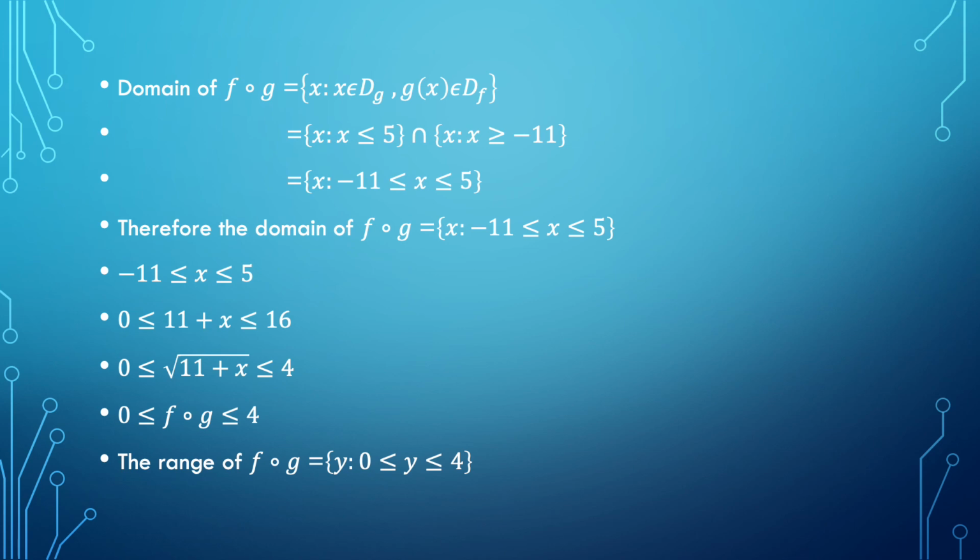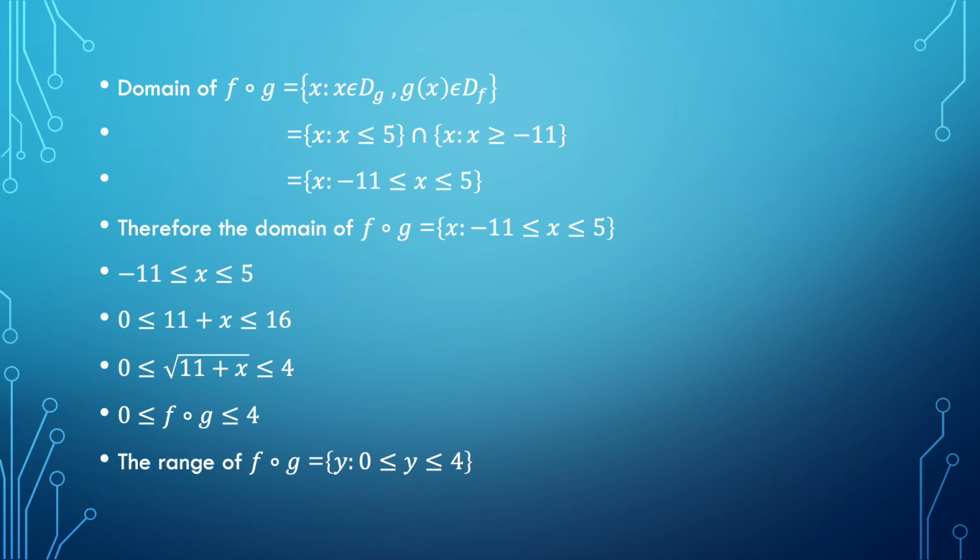So the domain of the composite function f of g is the domain for the function g, that is x less than or equal to 5, intersect the domain of the composite function f of g, that is x greater than or equal to -11.